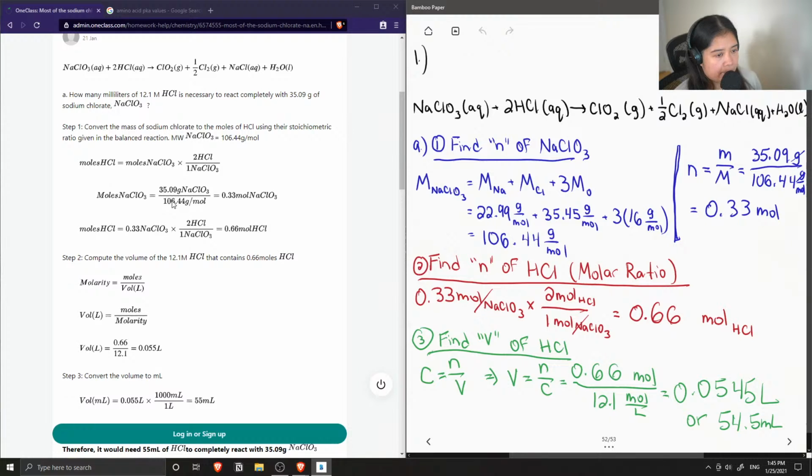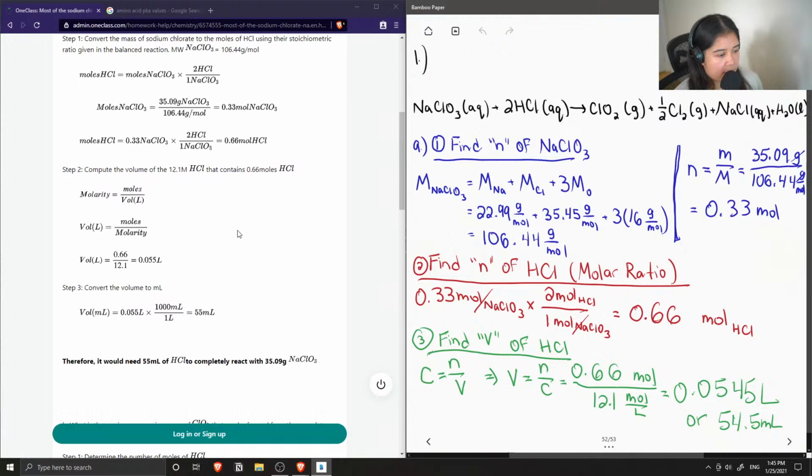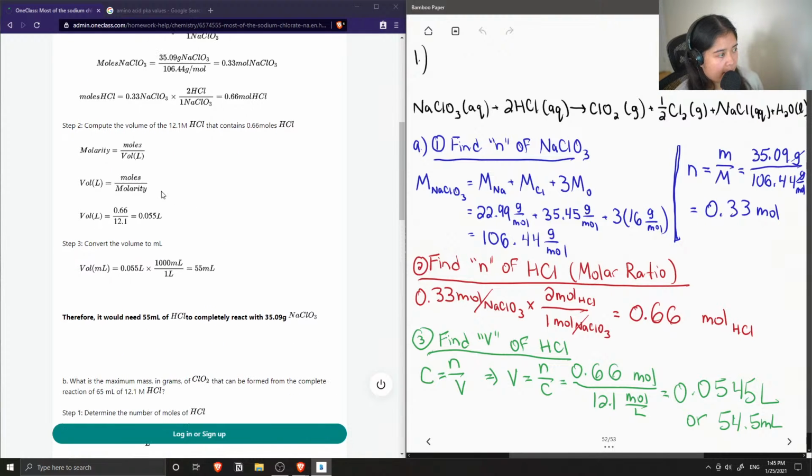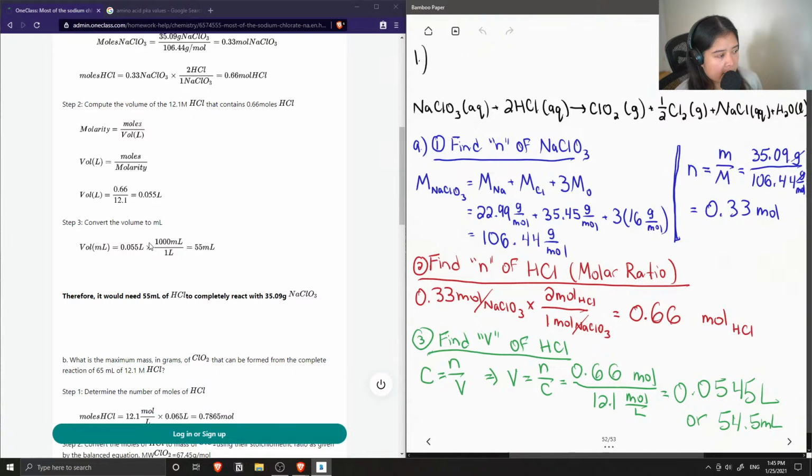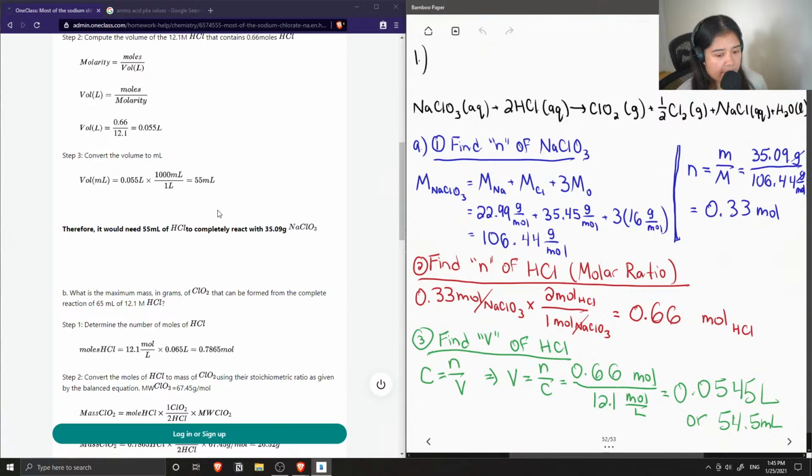They showed 35.09 divided by 106 to get 0.33, and then they multiplied this by 2 to get 0.66. And then they calculated the volume by dividing number of moles by concentration and got around 55 milliliters.